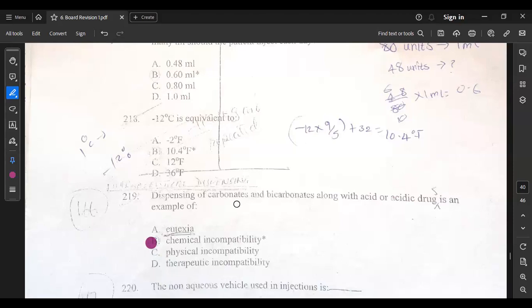But there's no answer. Yeah, I got 10.4.